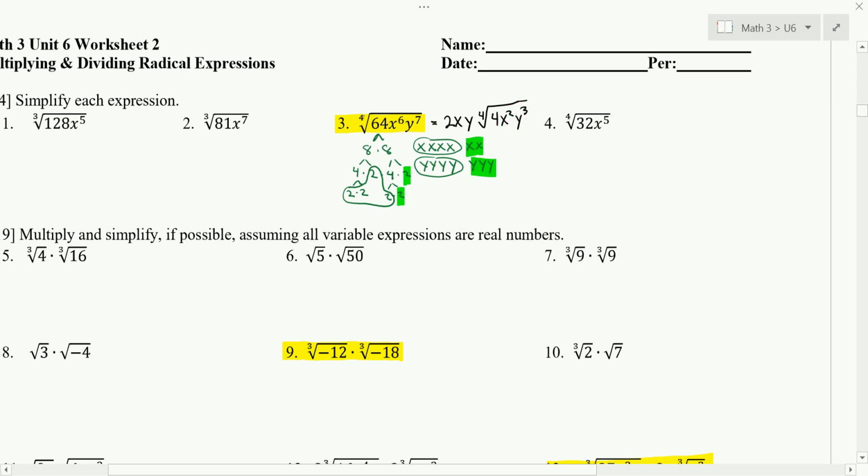Because the index is even, when we take the 4th root of a number, we need to make sure we get a positive answer. And so the x we need to put an absolute value around, and the y we need to put an absolute value around.